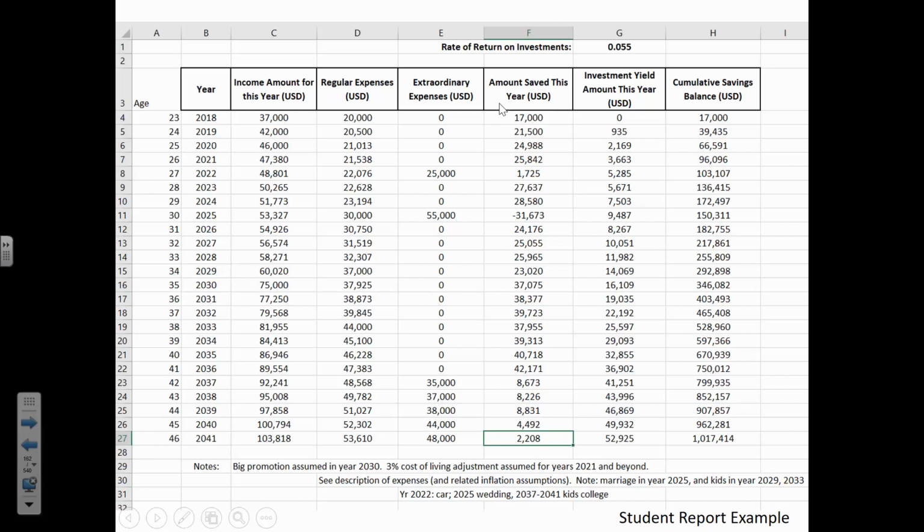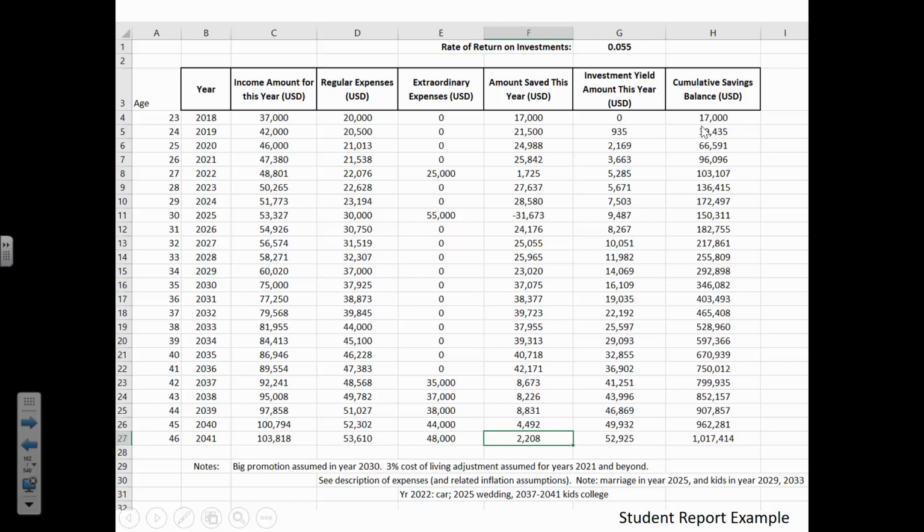There's also a separate column for the investment yield. That is the interest on last year's balance. You'll notice in the first year there's no interest because you didn't have any balance yet. But in the second row, in year 2, $935 is the rate of return multiplied by last year's balance of $17,000.